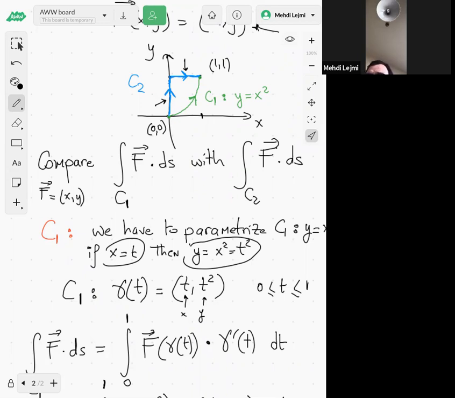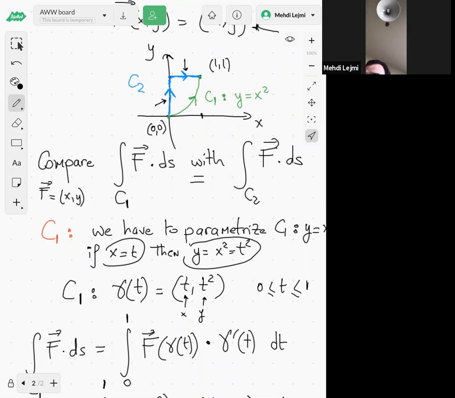Of course, to establish that this vector field has a path-independent line integral, we need to check that the value of the line integral of f along any choice of path between the two points is the same as any other. So this is not enough. We are comparing these two line integrals, and they are equal, but it doesn't mean that this f has a path-independent line integral, right?